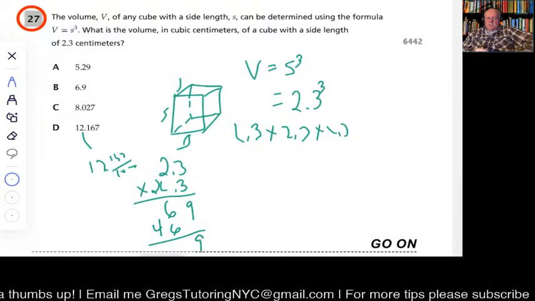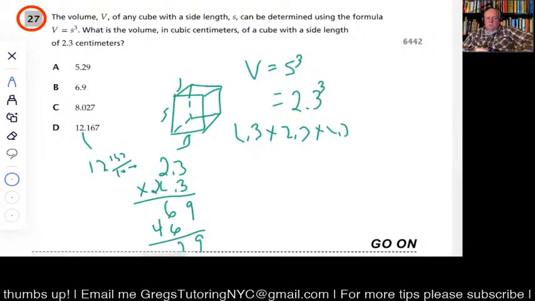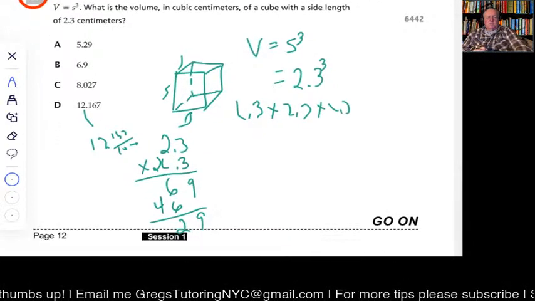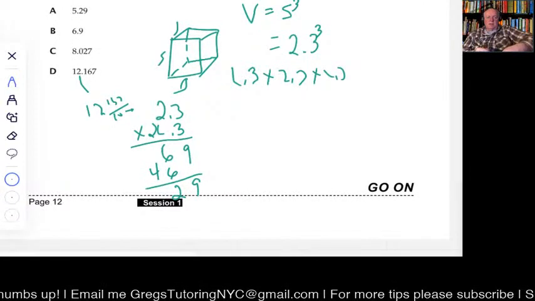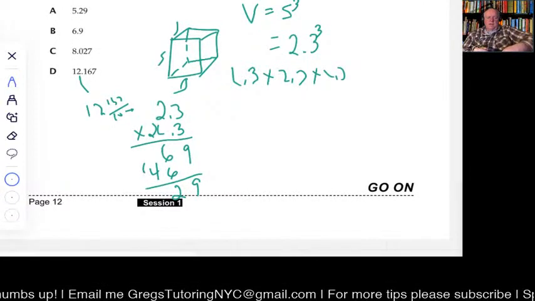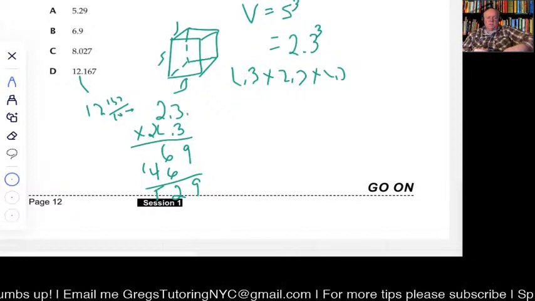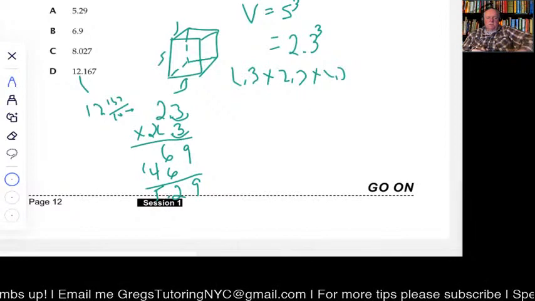Whoa, what did I just do there? Something happened. Actually, let me shift this up because I'm at the bottom of my screen for some reason. We get 6 plus 6 is 12, carry the 1. We get 529, and we have to accommodate for 1 decimal here and 2 decimals here. So we get 5.29.